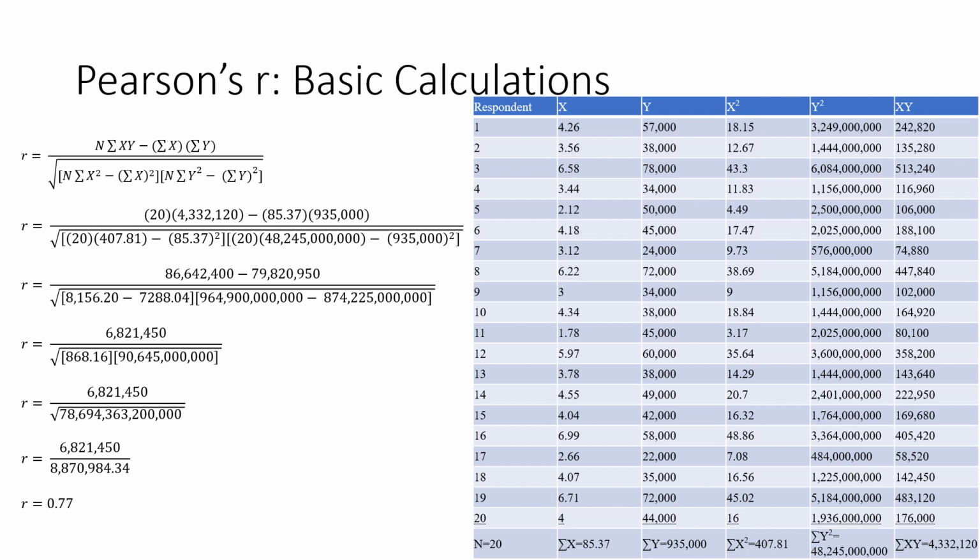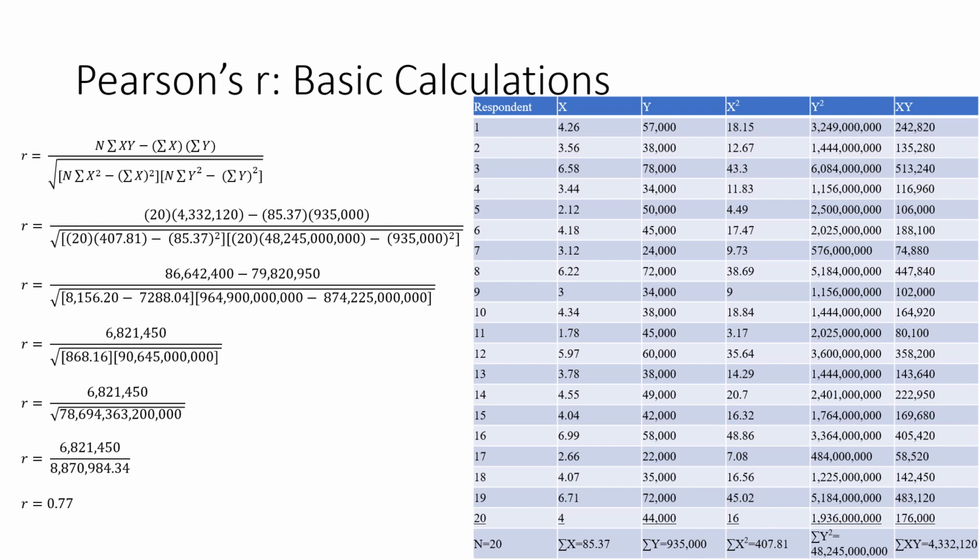All right, so starting at the top and working your way down, all you do is you plug in the values that you can derive from the right-hand side of the screen from the data set there. And if you work your way down from the top to the bottom, you will find that R equals 0.77. Right? So what does that mean, an R of 0.77?